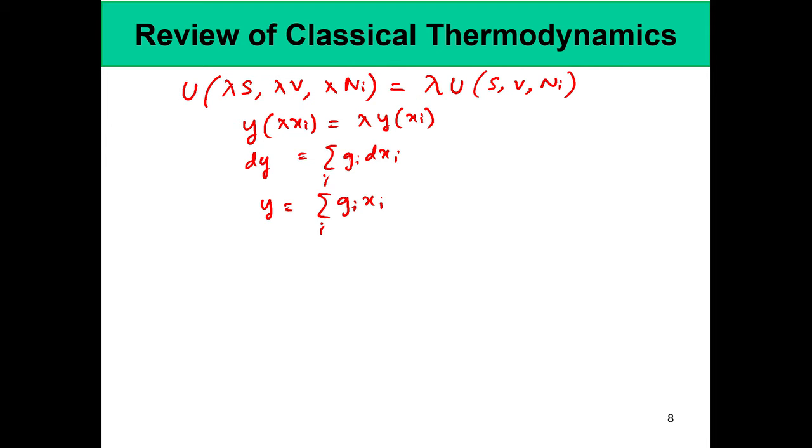So, this means that all the differentials that we have obtained for internal energy, we can remove and obtain the parameter itself. This allows us to simply remove the differentials.